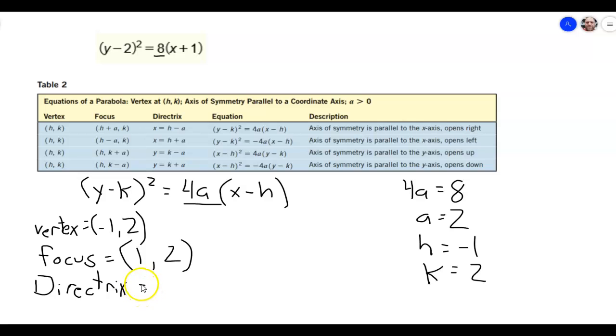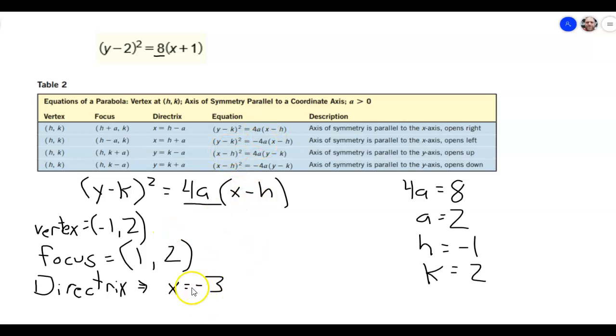The directrix is x equals h minus a. So h is negative 1, a is 2, negative 1 minus 2 is negative 3. So x equals negative 3 is my directrix.